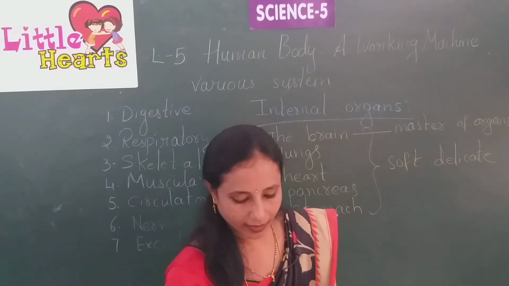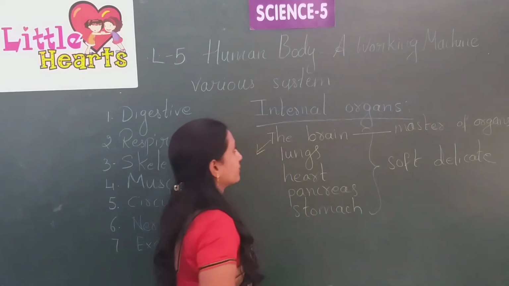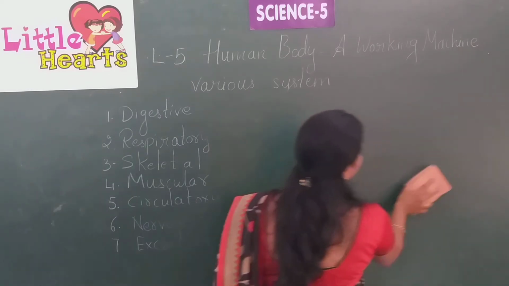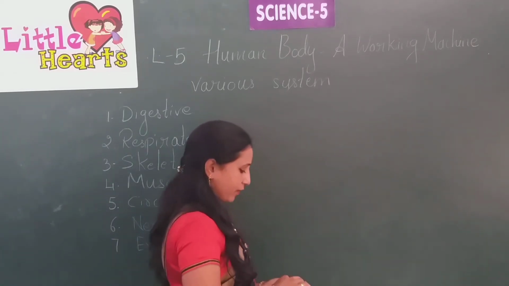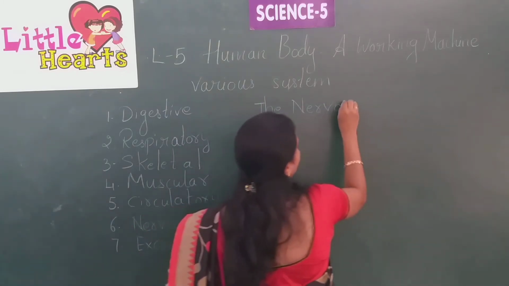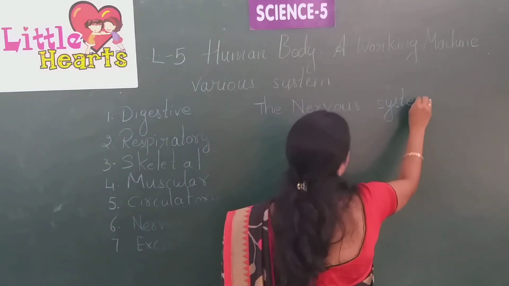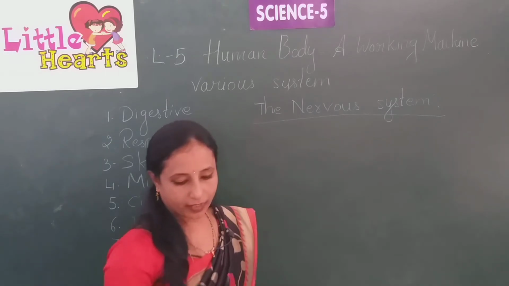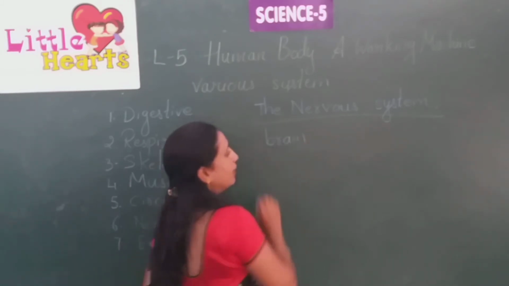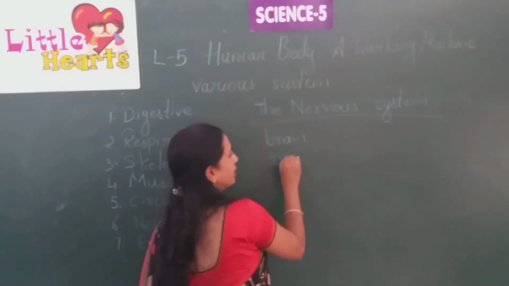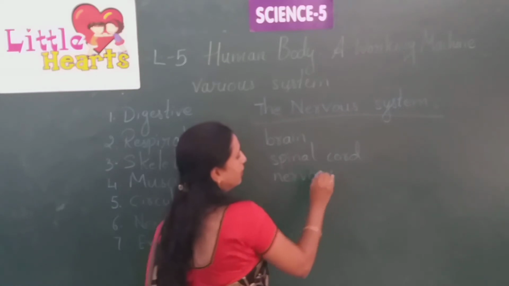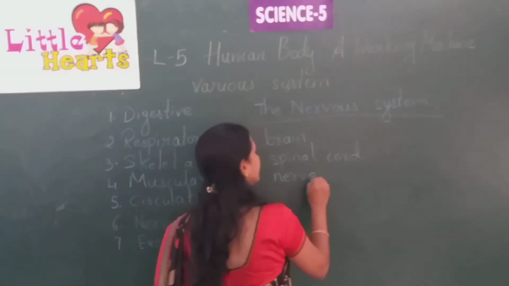Now we'll go to the next one, the nervous system. The nervous system is made up of the brain, the main part, spinal cord, and nerves.